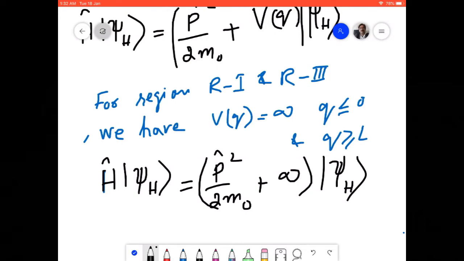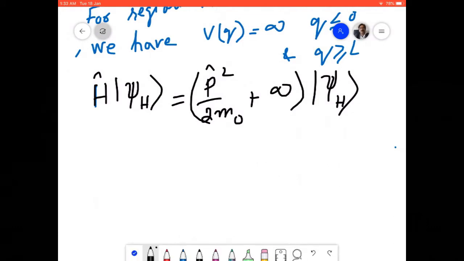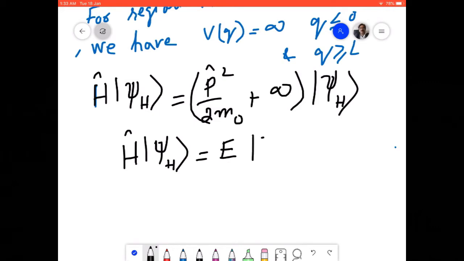But along with this we know that H acts on an eigenstate of the Hamiltonian, and the eigenvalue of the Hamiltonian will be energy. If I consider this to be true, then the energy becomes infinite.